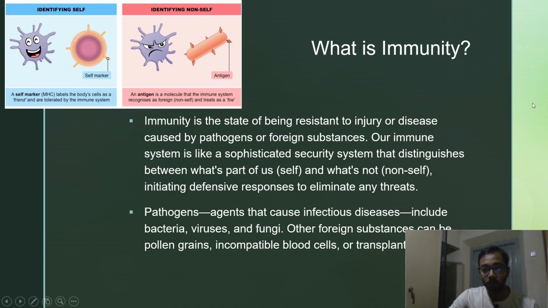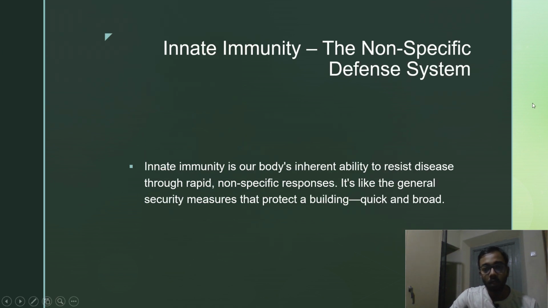So the immune system can be divided into two branches. One is innate immunity and the other one is adaptive immunity. First we will discuss innate immunity, which is the non-specific arm of the immune system.